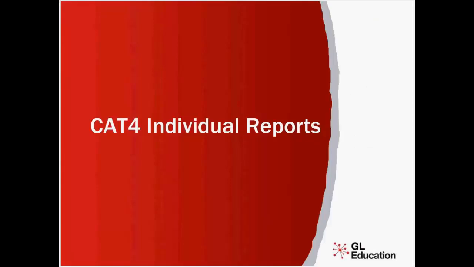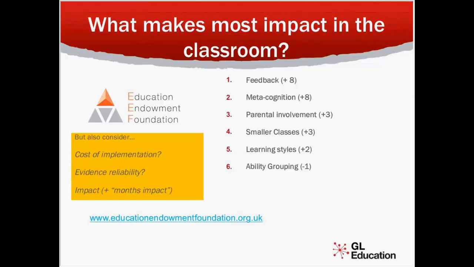So CAT4 gives you a variety of different reports at different levels. We're going to have a look at the individual report at this point. And before we delve into looking at an individual report, this is some work that the Education Endowment Fund has done. They're an organisation in the UK that look at intervention strategies and how successful or powerful they've been.